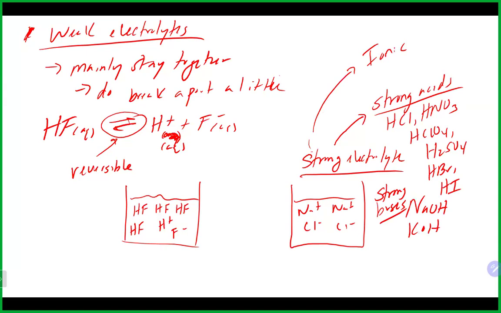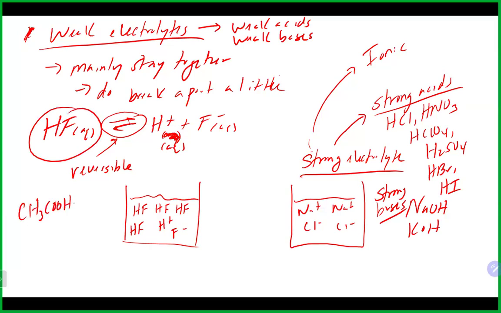So a lot of weak electrolytes are weak acids and weak bases. So HF is a weak acid, acetic acid also another weak acid, nitrous acid, etc. So again, as we might have talked about previously, knowing these strong acids is sometimes good when you're thinking about electrolytes, because if it is one of these strong acids, then you know it's a strong electrolyte.